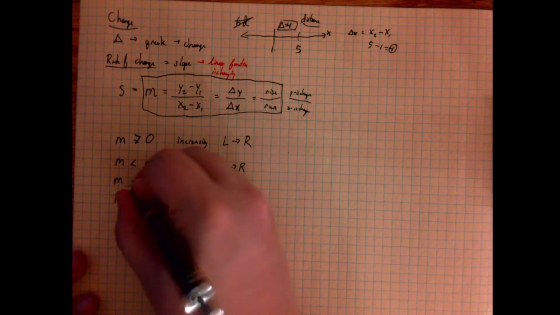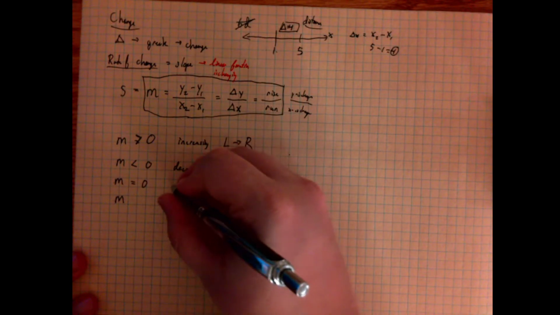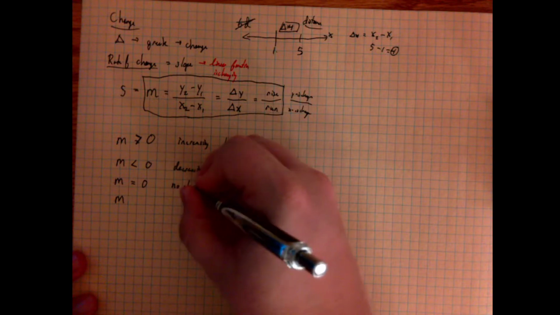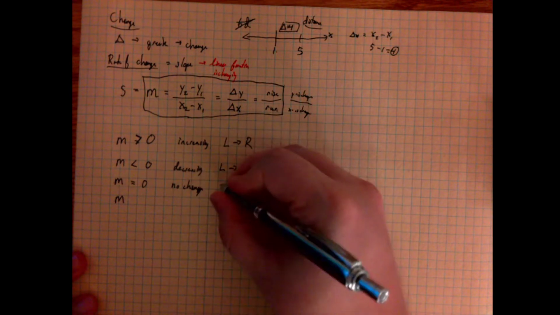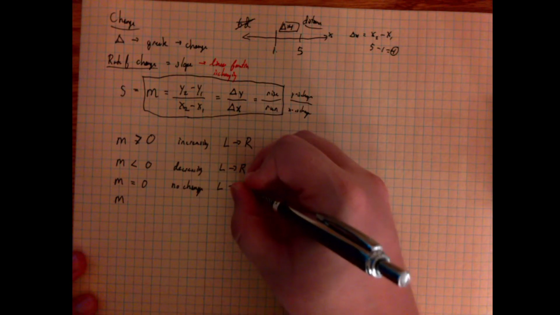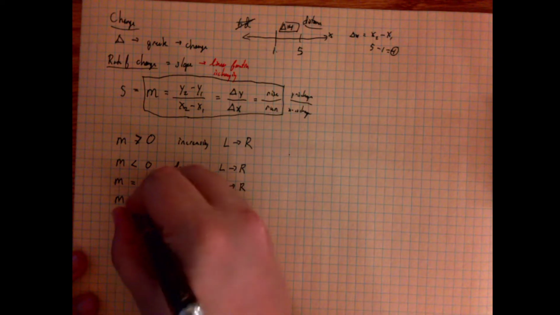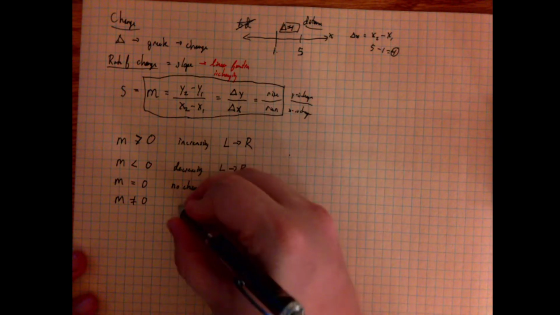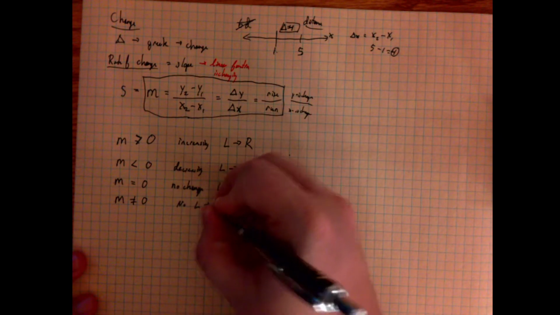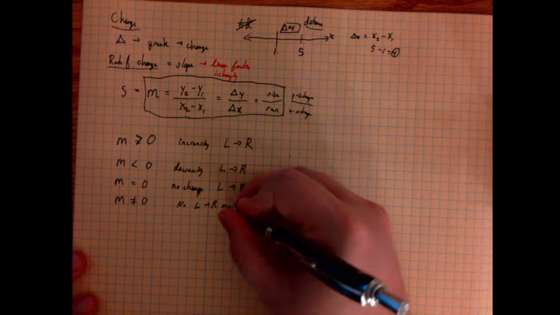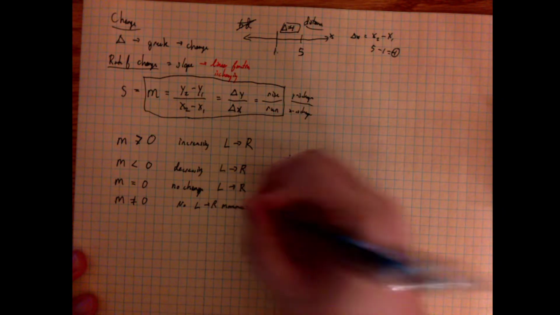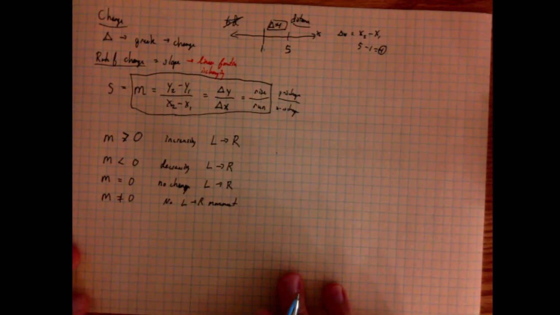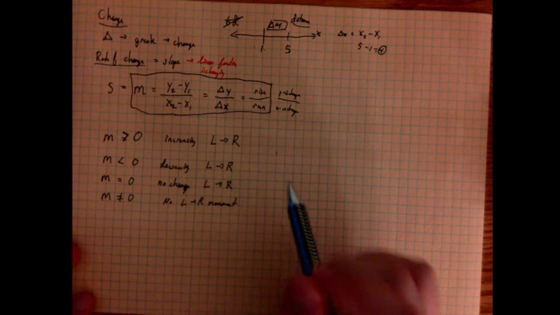If the slope is 0, we consider it to be no change from left to right. And if the slope is undefined, we consider this to be no left to right movement. We think about it this way because this helps to solidify the delta y and the delta x.